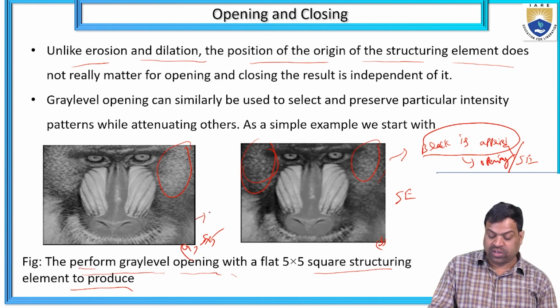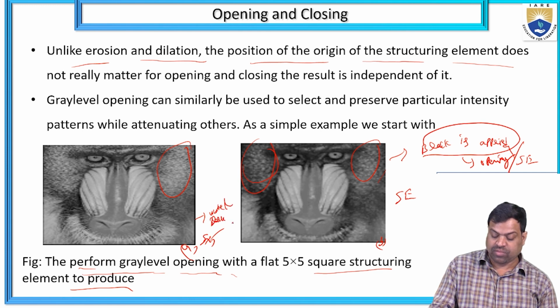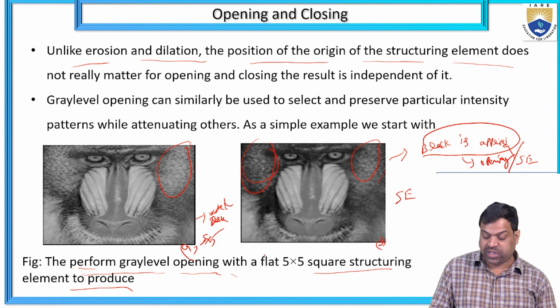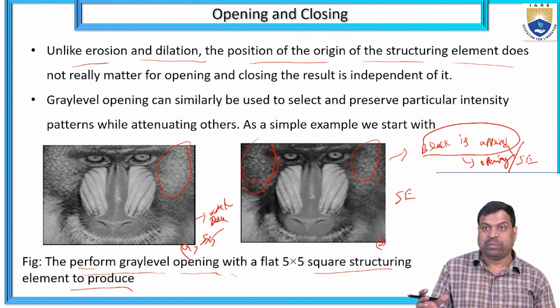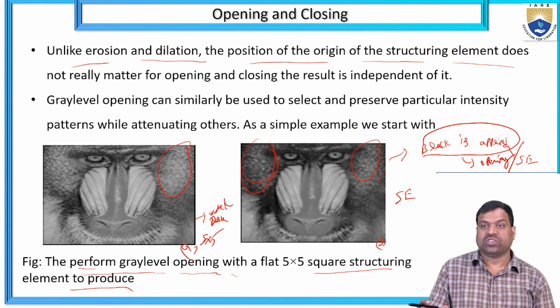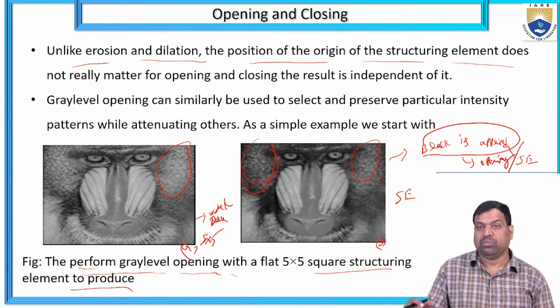Only white and black is there, with a 5 by 5 structuring element. We are improving the blackish color. For better identification, black was added and white was removed.